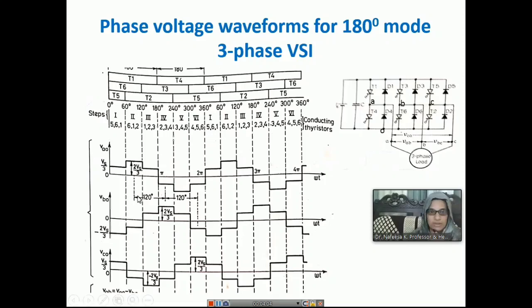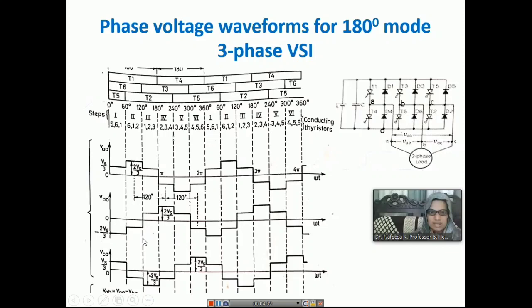Similarly, you can take the voltage from the other limbs also, VBO and VCO. These are out of phase by 120 degrees. You can just draw like this. This one started at this point, so after another 120 degrees the VBO cycle starts from here.